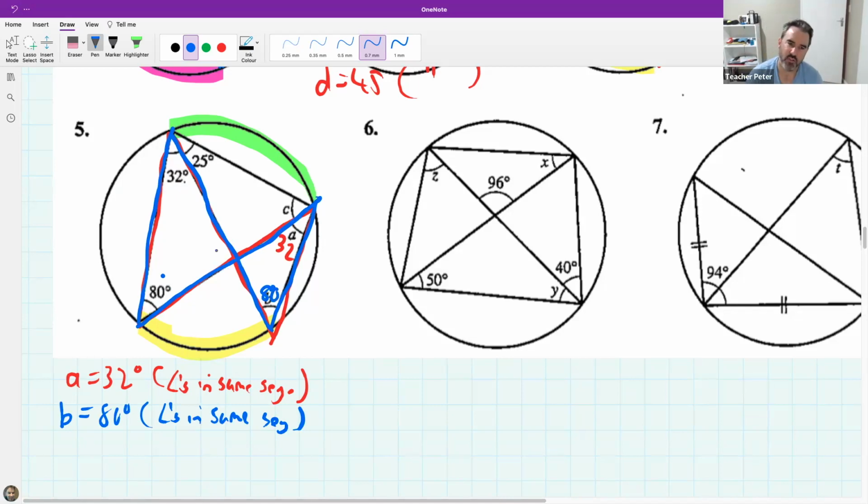So we have to still get C in this one over here. And so we need to think about how to do that. Any ideas for that?